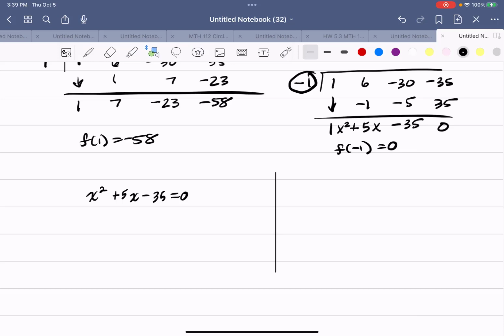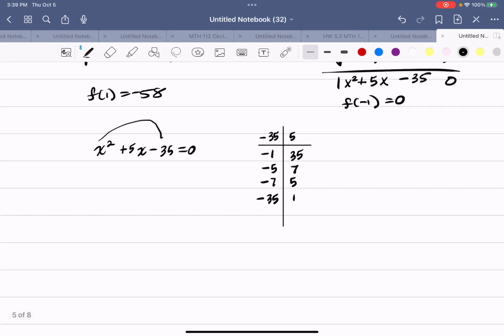What it says is that if it factors, you take the factors of negative 35 that add up to 5. So negative 1 times 35, negative 5 times 7, negative 7 times 5, negative 35 times 1. And you'll notice that none of those add to 5.